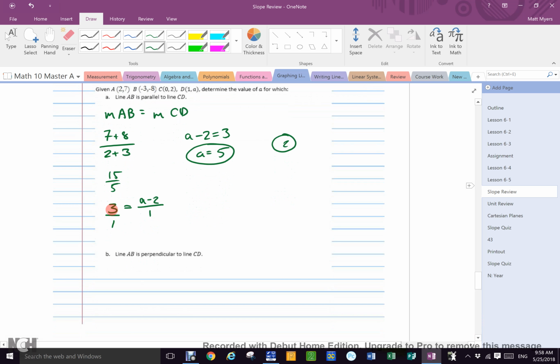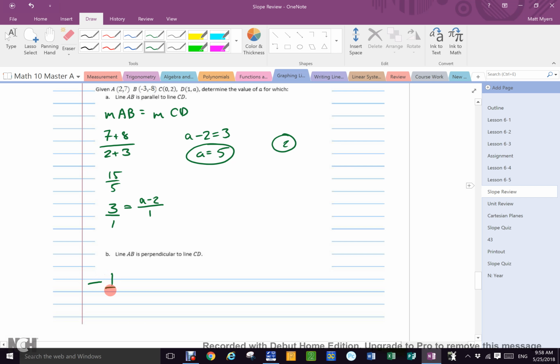If it's perpendicular, what is this slope going to have to be? What happens when you make a slope perpendicular? 2 things have to happen. What is the first thing? It's going to be opposite, so I've got to change the sign. So this guy's positive, so what's my new sign going to be? Negative. What has to happen to the rise and run? They flip, right?